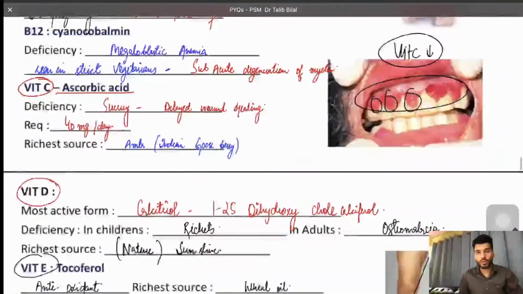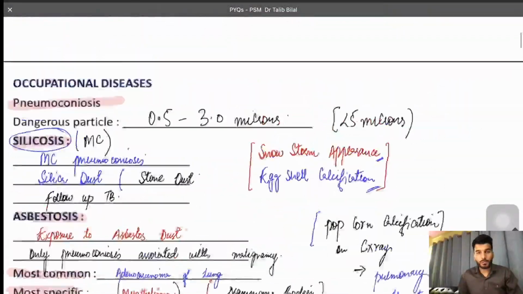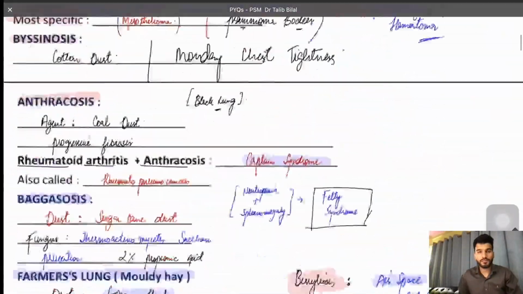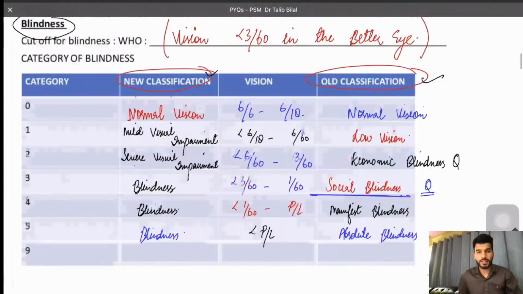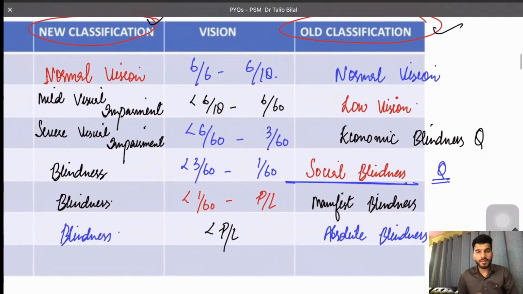Let's have a quick revision of that particular table so that you will remember. Here is the table, guys, that we discussed yesterday. New classification: 6/6 to 6/18, normal vision, followed by mild visual impairment and severe visual impairment.